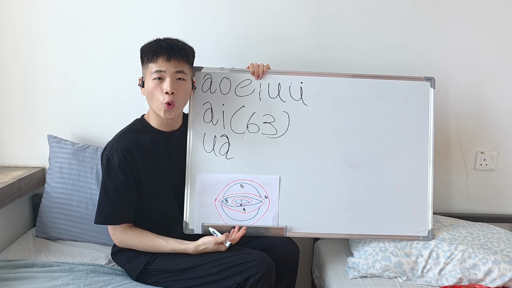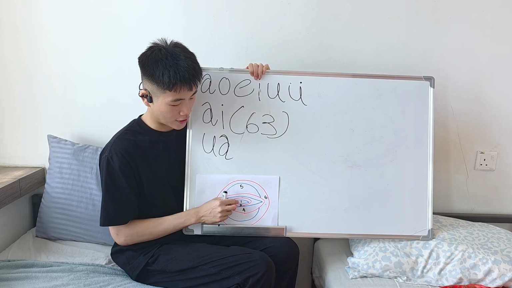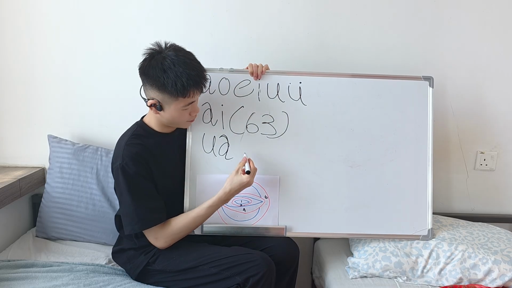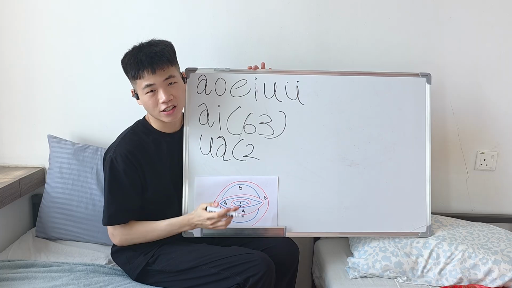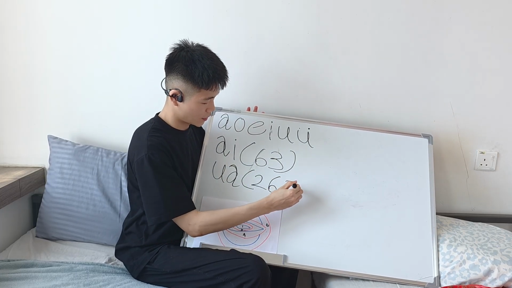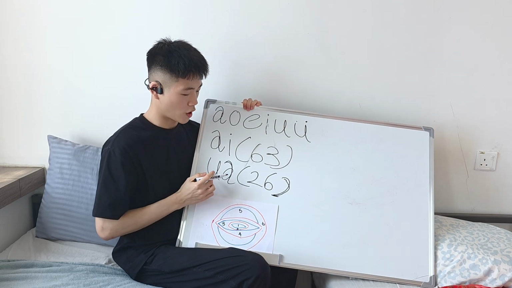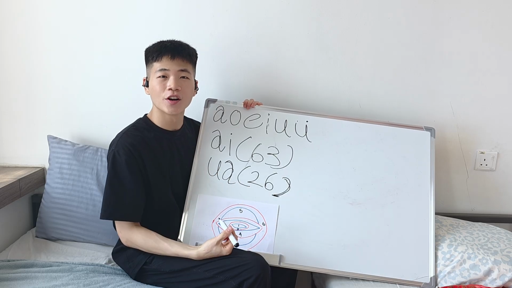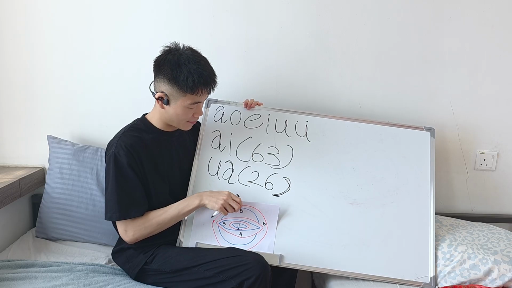Yu is definitely the smaller one, so we are looking at Wu here. So we'll do 2, and A is the largest, 6. So 2, 6, right? Let's try. U, A, Wa. It's as simple as that.